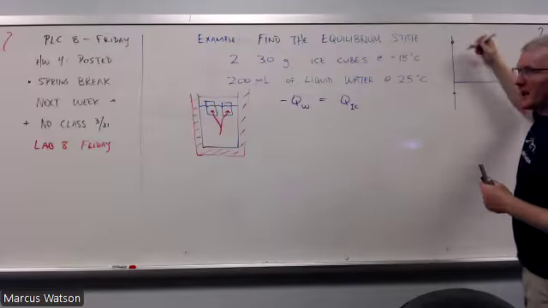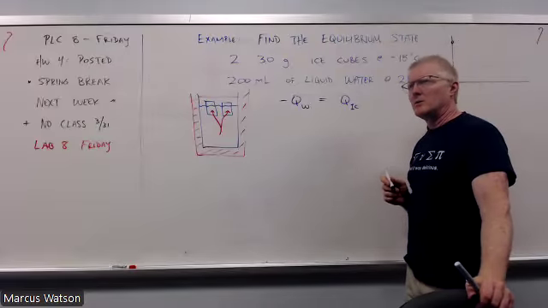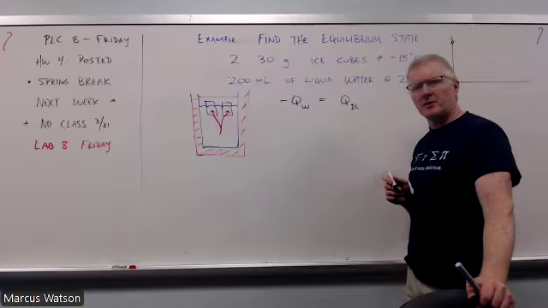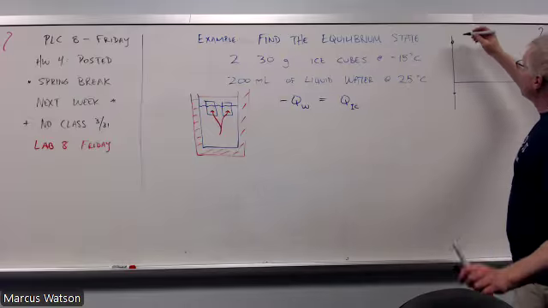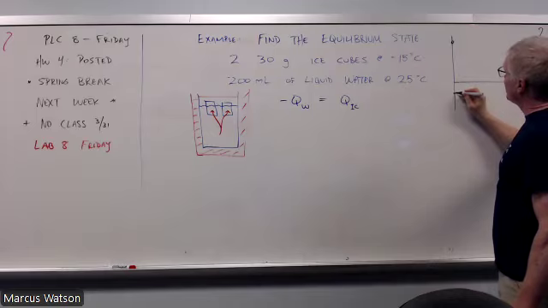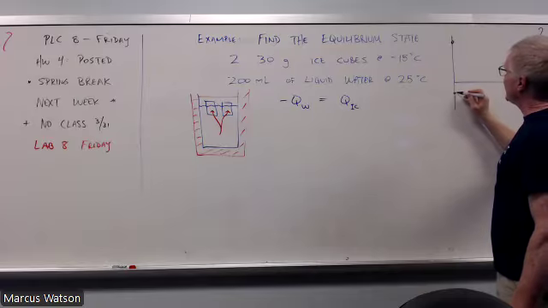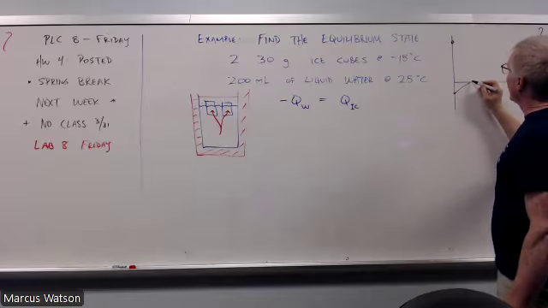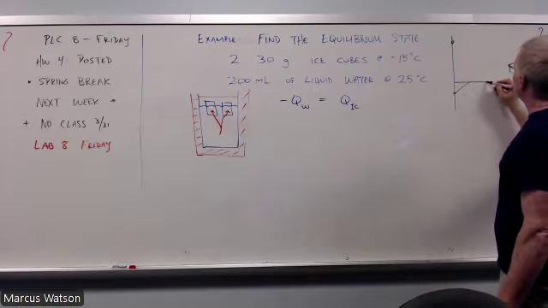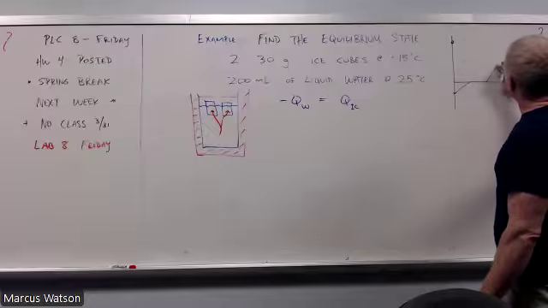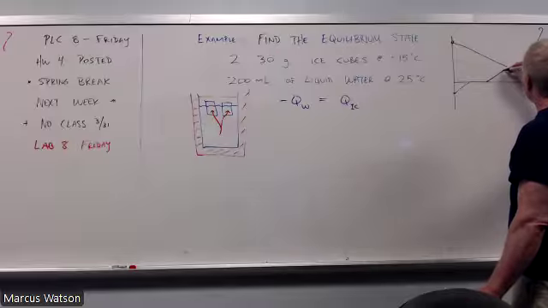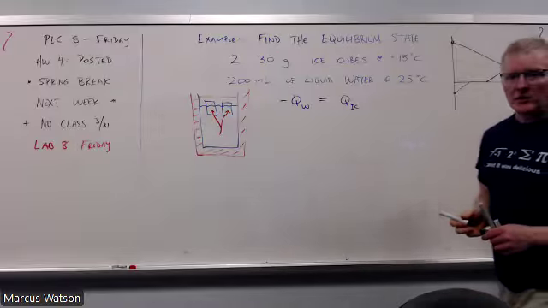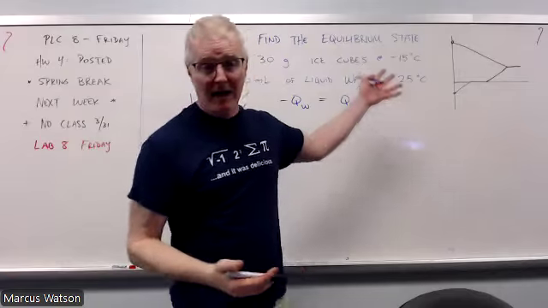For example, this could cause the ice cubes to heat to 0 centigrade and then melt completely and then warm up again, like so, all the while cooling the water.